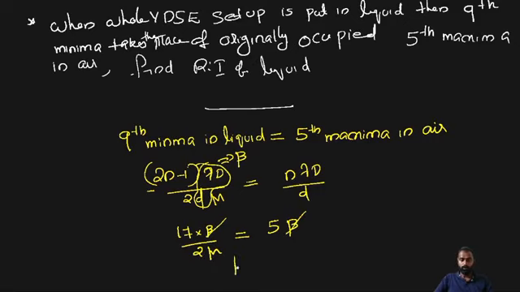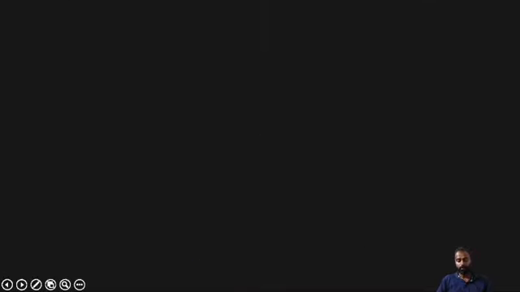So mu is equal to 17 by 10, that is 1.7. So the refractive index will be 1.7 for the given liquid. I hope this is clear.